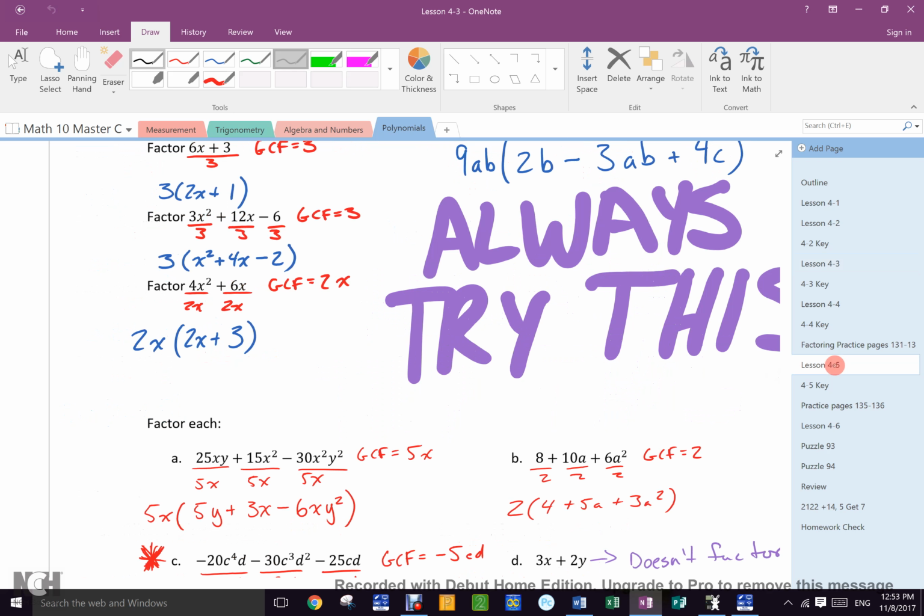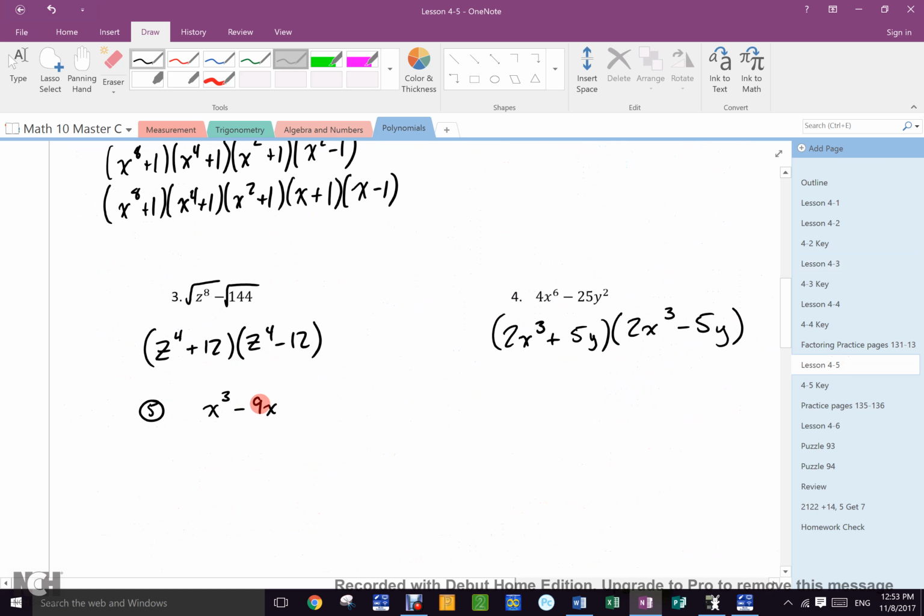What are you going to do with x cubed minus 9x? You're going to try what? Starts with a G, ends with an R, has greatest common factor in the middle of it. You said GCF. What will I take out of there?